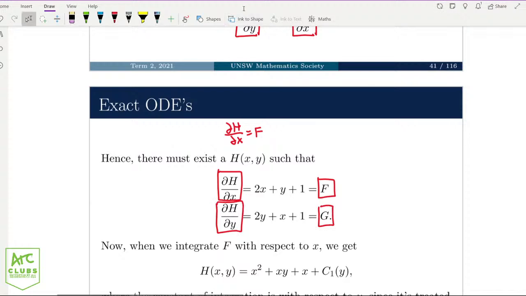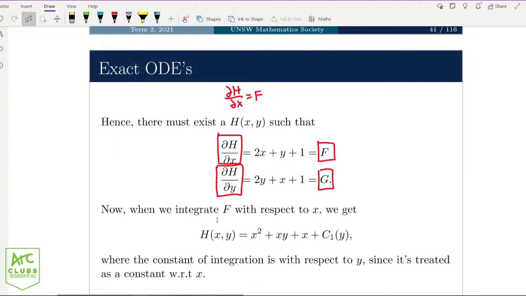We know what f and g are, so we can substitute them into our expressions over here. Now, if we want to get to our function h, what we can do is integrate both sides with respect to x for the first expression, and with respect to y for the second expression.